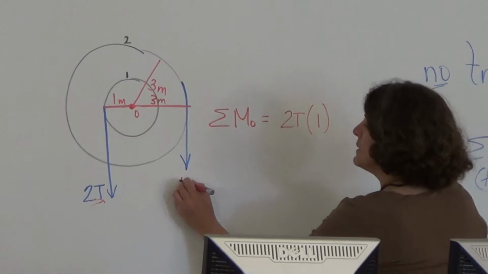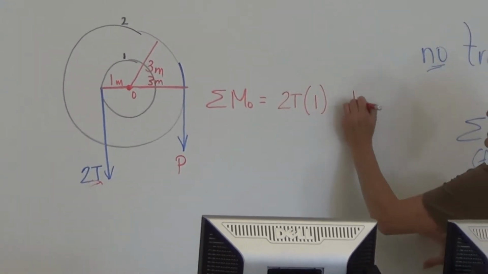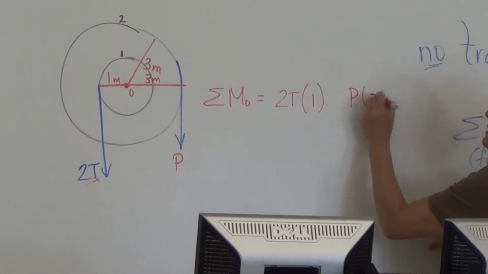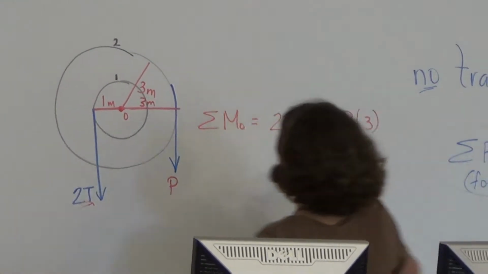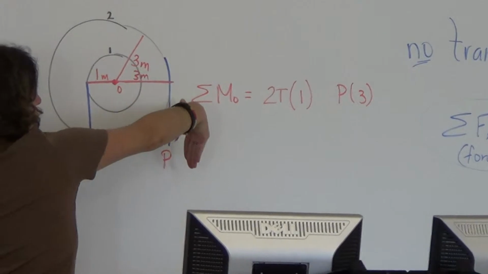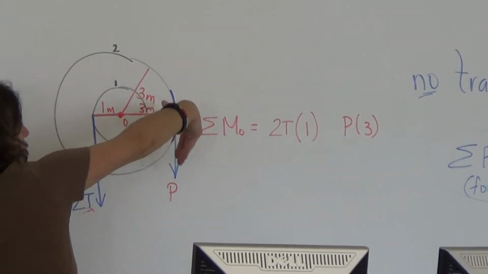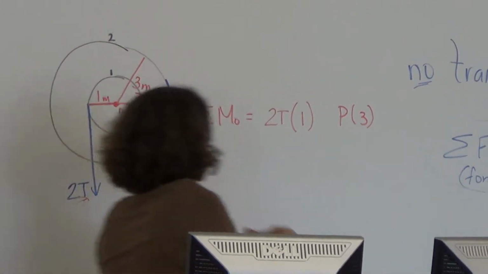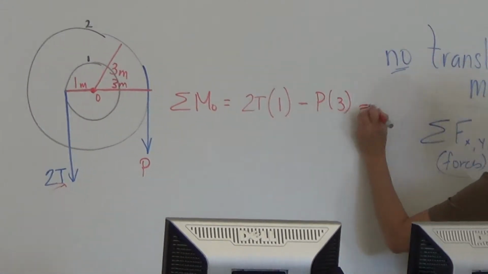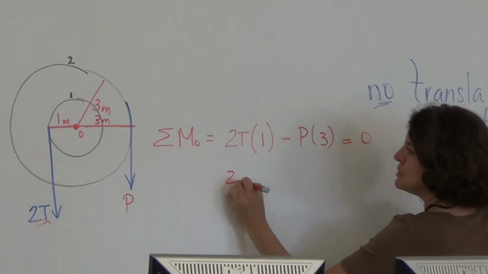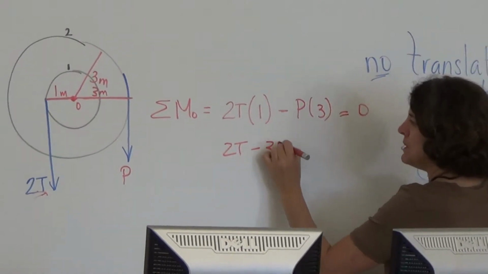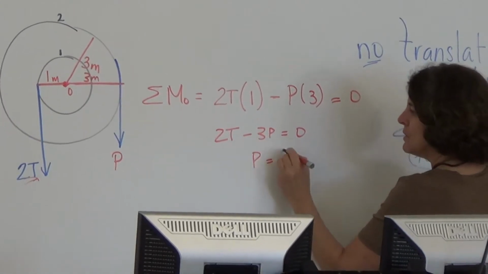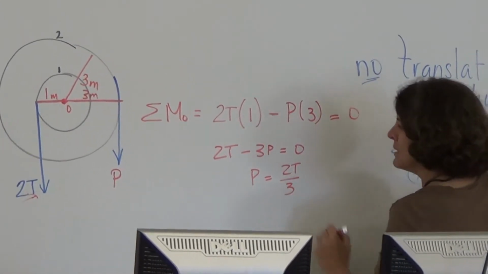Let's call it P. So it's P times 3, and it would be negative because now my fingers go in the direction of the force, my palm goes towards the point, and my thumb's going into the board. It's a clockwise rotation. So it's negative, equals that. So 2T minus 3P equals 0. So P is equal to 2T over 3.